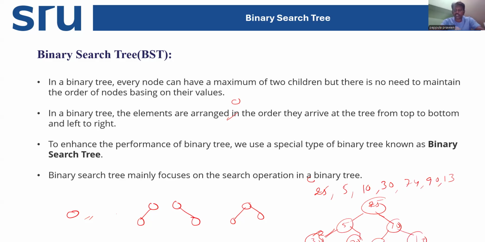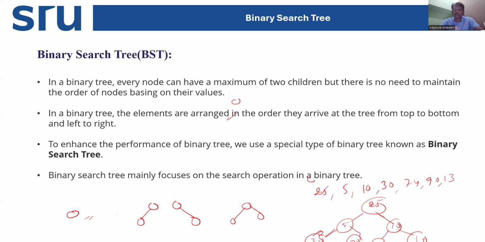There is no specific condition to construct the binary tree. The first element is always the root node, the second element is shifted to the left side, the third element is shifted to the right side, and we continue until the nth element. This is the binary tree.